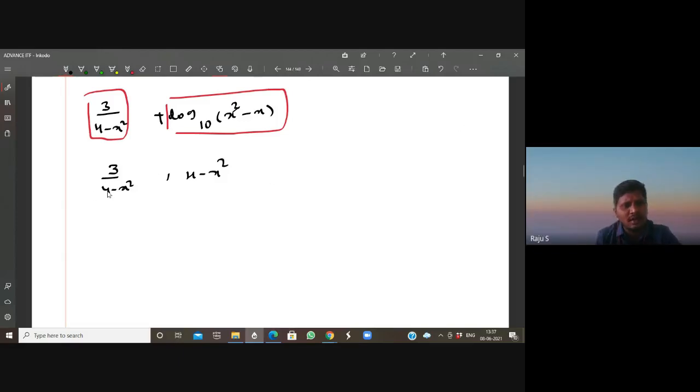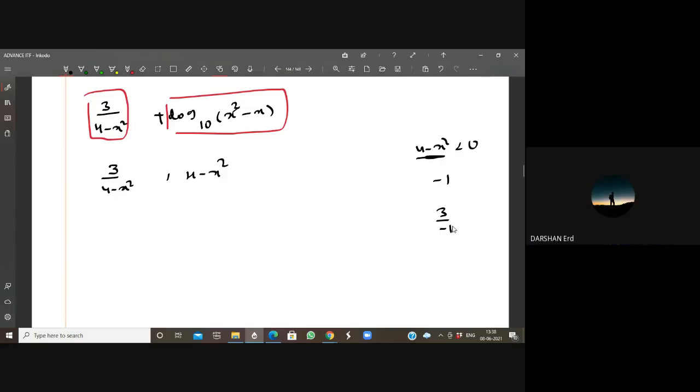Is it not existing for lesser than 0? Take 4 minus x square as minus 1. 3 by minus 1 does not exist. Sir, x not equal to plus or minus 2.